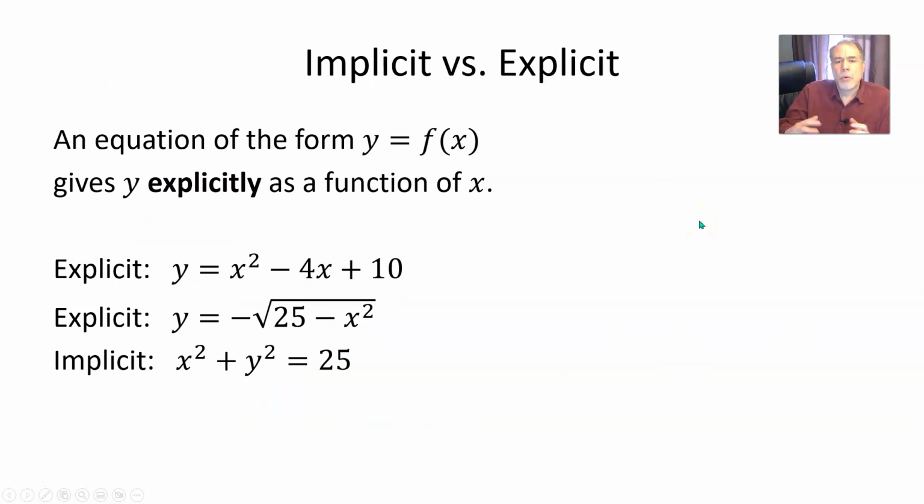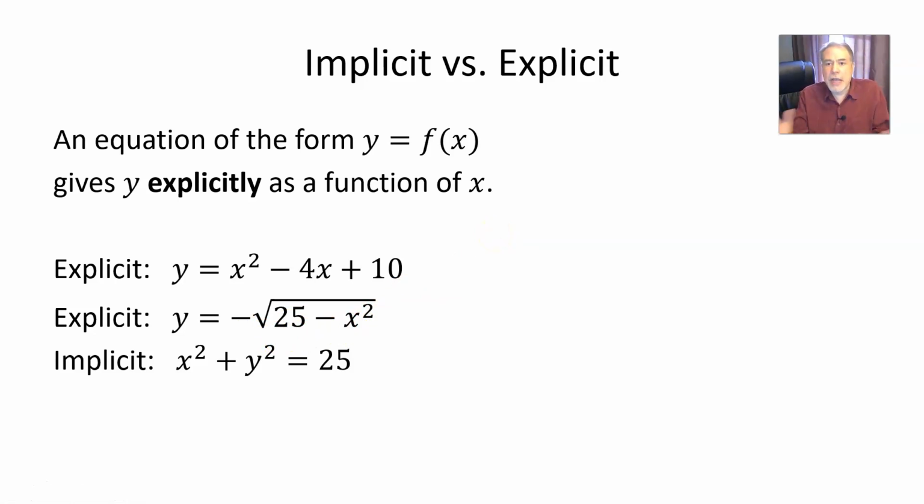So what we mean by implicit differentiation, well, first of all, if you've got your equation set up in the form y equals some function of x, it's giving you y explicitly as a function of x. y is explicitly defined to be whatever that formula is in terms of x. Like y equals x squared minus 4x plus 10, or y equals negative the square root of 25 minus x squared.